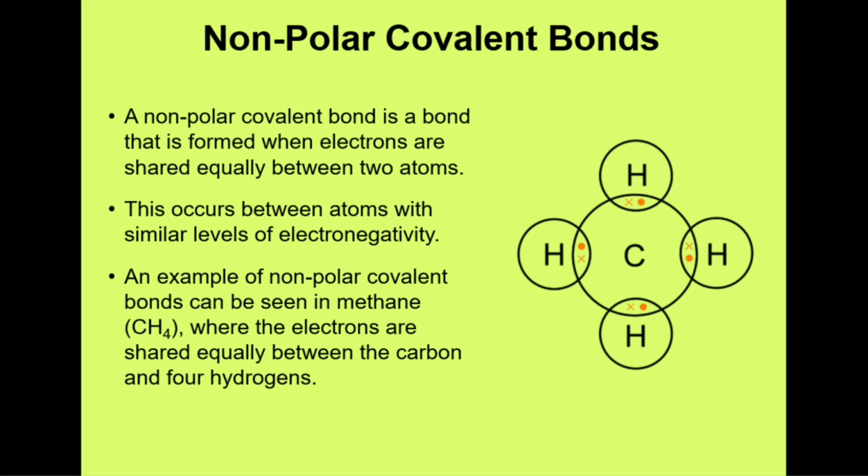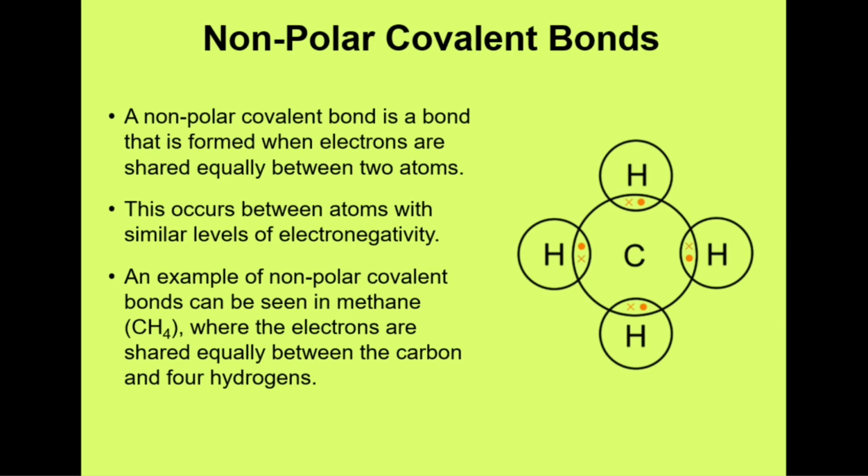The levels of electronegativity are very similar between carbon and hydrogen. So when they form these covalent bonds, if you remember, methane has 4 single covalent bonds between the carbon and 4 hydrogens. Well, because they have similar levels of electronegativity, the shared electrons actually sit fairly equally or evenly between the 2 nuclei.